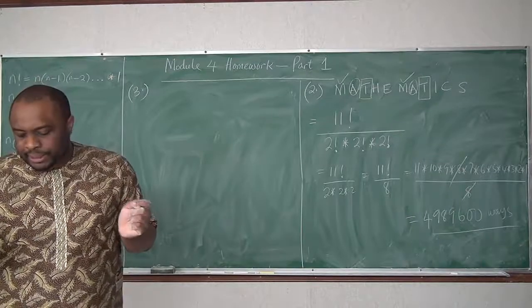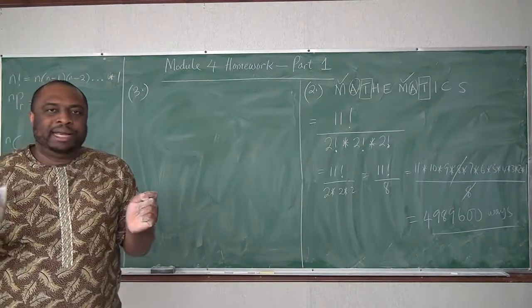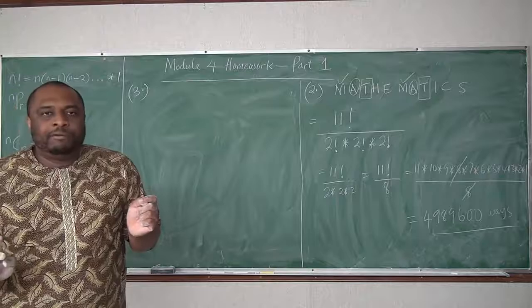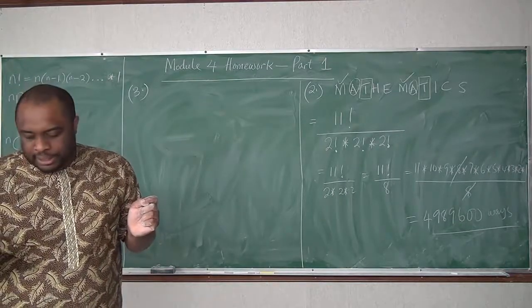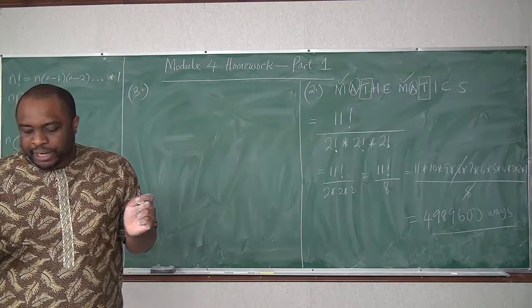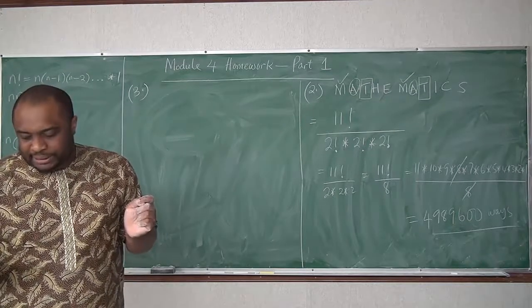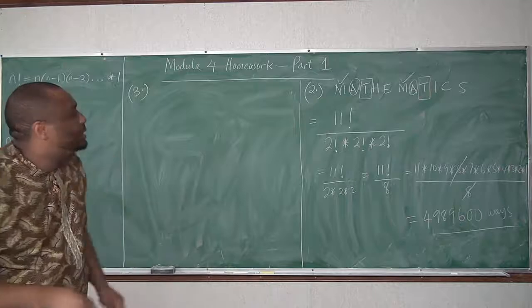I repeat, in how many ways can a committee of 12 Republicans and 3 Democrats be chosen from a group of 16 Republicans and 7 Democrats?